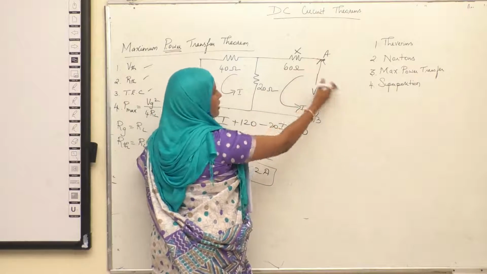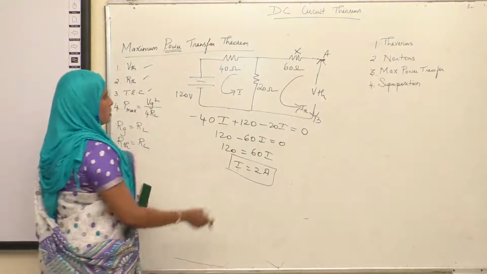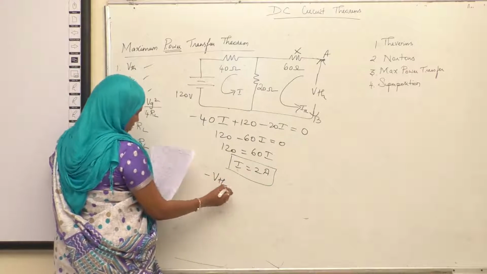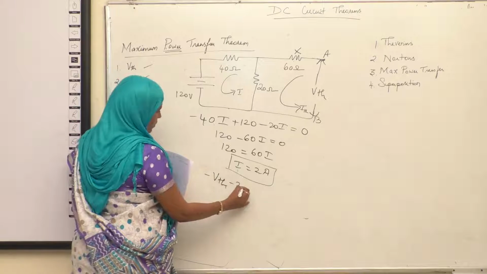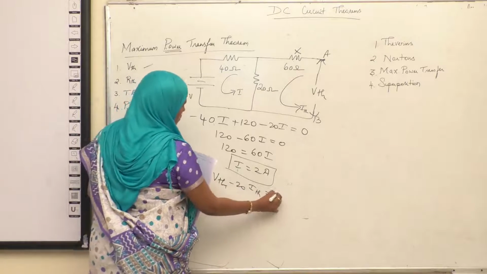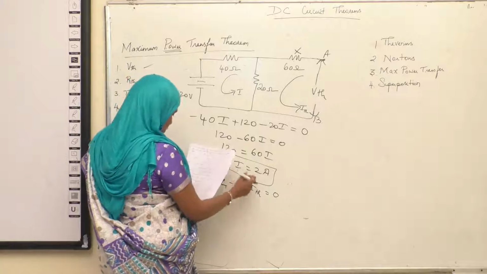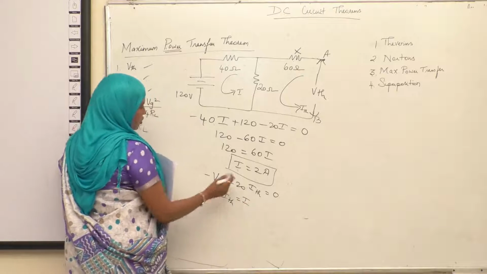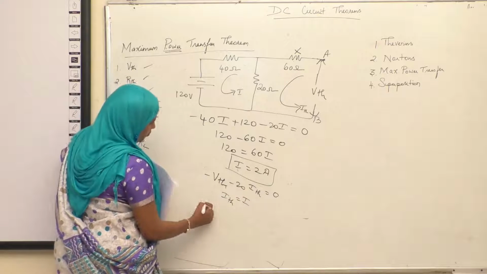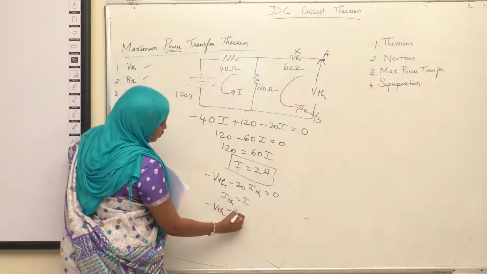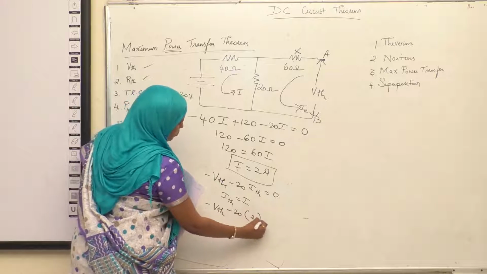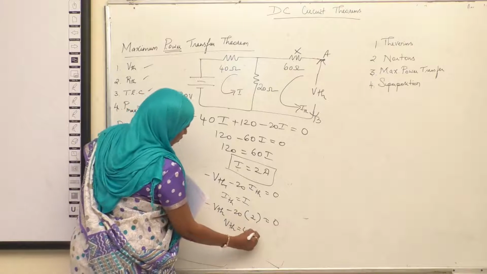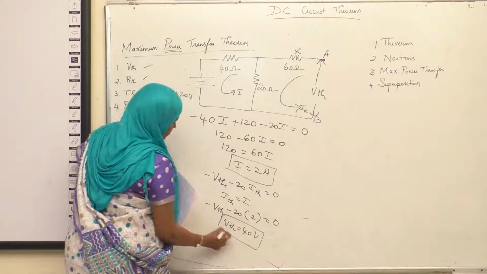In the open side, current will be 0. So just write for this and this. You get the equation minus VTH minus 20 ITH equals 0. When you are equating ITH with I, you get ITH equal to I. So just substitute here as 2: minus VTH minus 20 into 2 equals 0. So VTH will be equal to 40 volt.